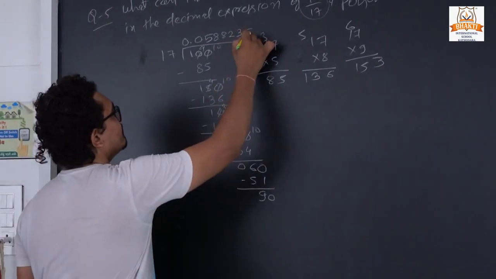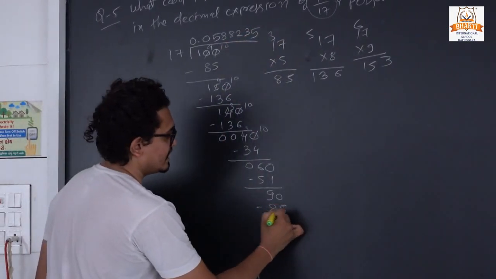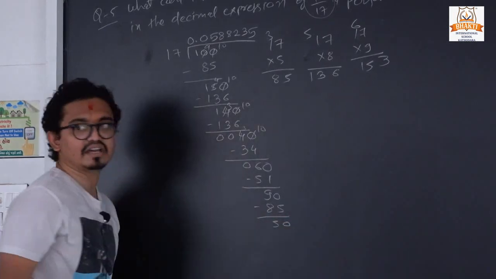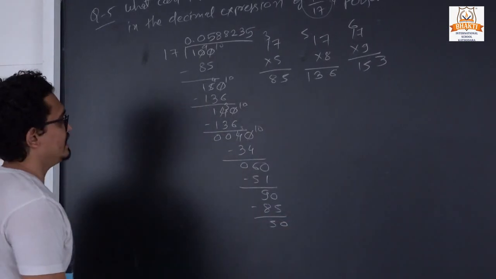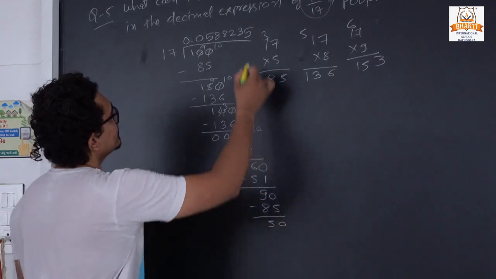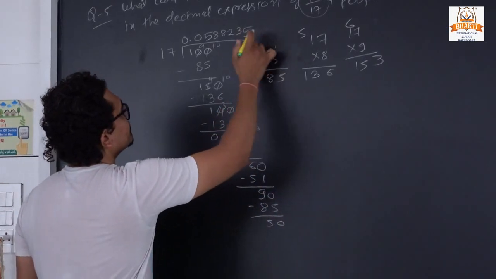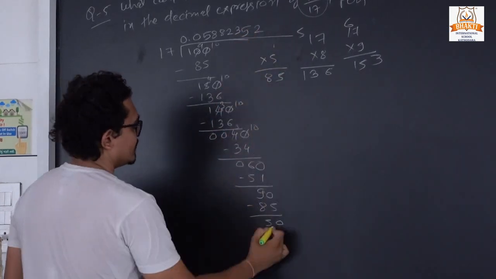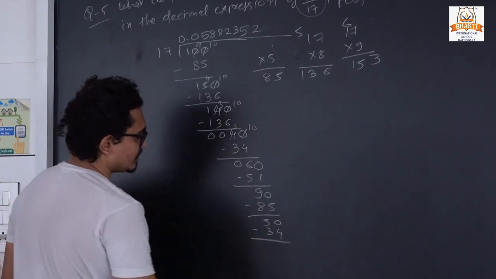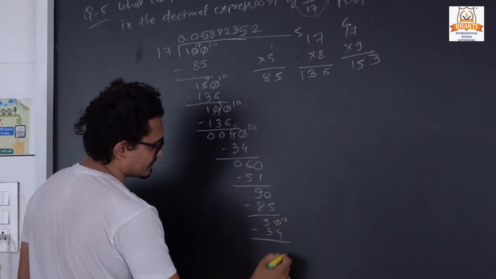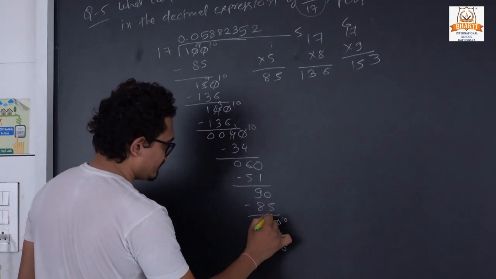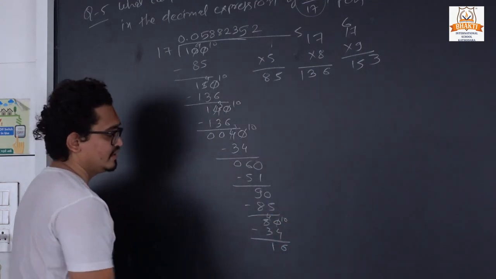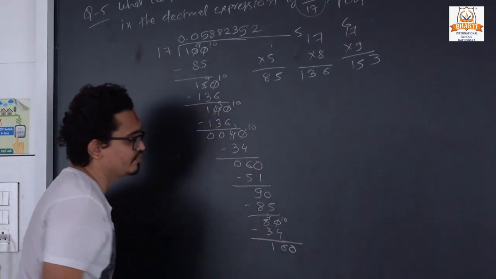Once again we have a 5. So 17 8s are 85. So we have 5 as our remainder. Next 50. So 17 2s are 34. So it will be 10 minus 4, 6, and here we have a 4, so it will be 16. Once again we will put 0.